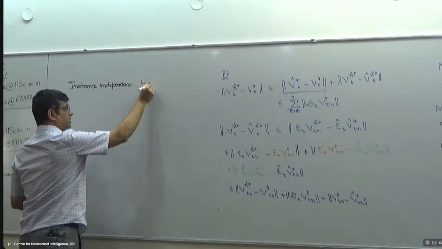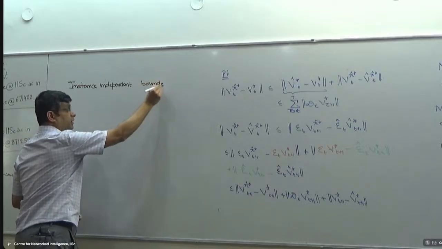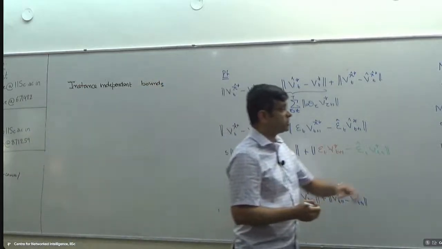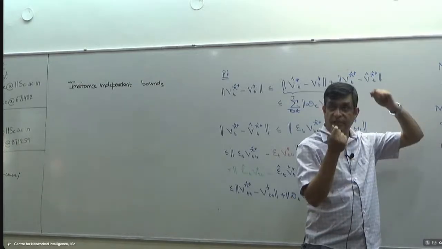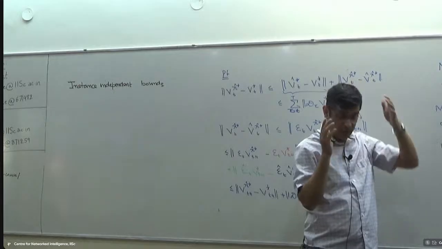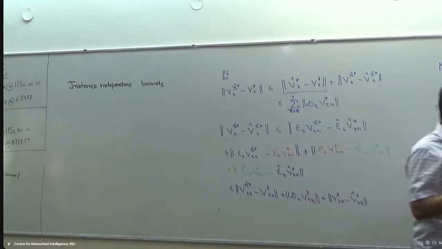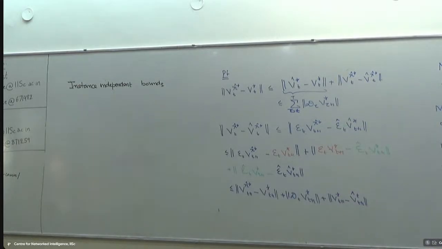The reason I'm calling them instance independent is that currently my assumption is there is a true model. I take an approximate model which is within the epsilon delta radius, and my bound depends on which model I picked within that radius. I want to now give a bound which does not depend on the specific properties of this model.